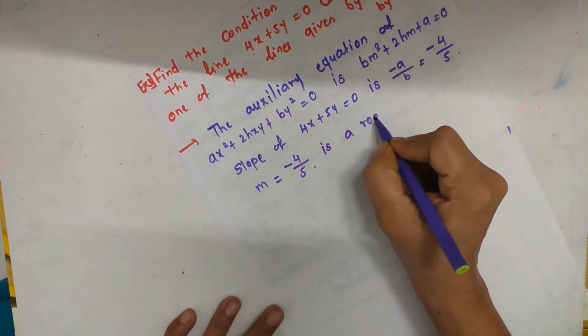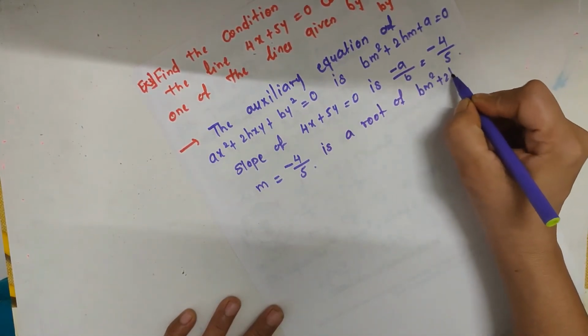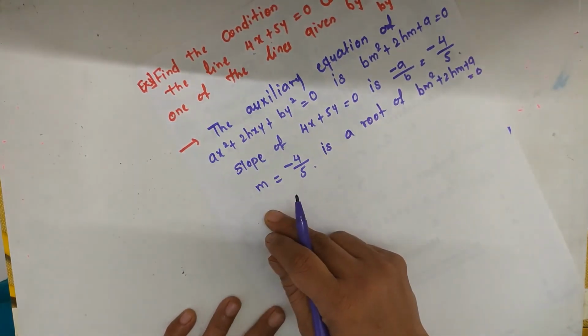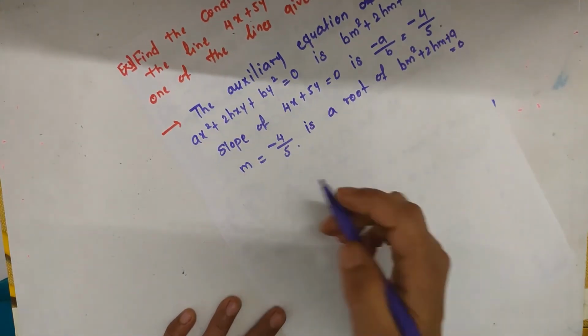So the root m is equal to minus 4 by 5 satisfies the given auxiliary equation.